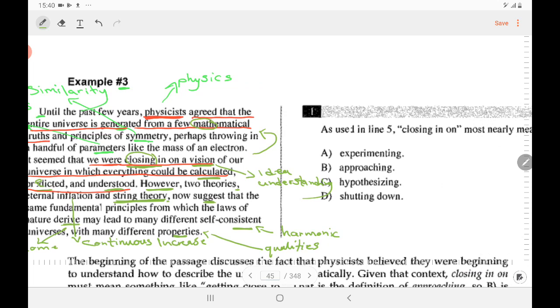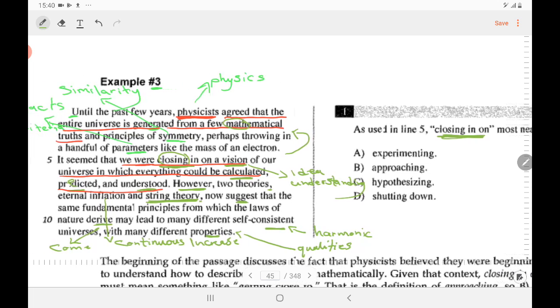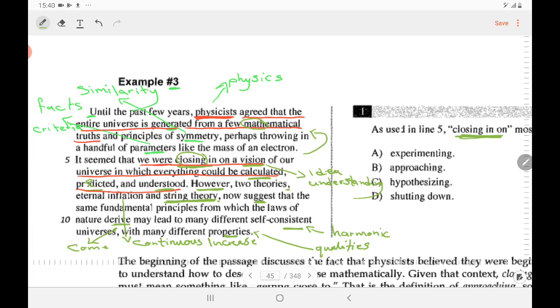Let's go and answer the question. As used in line 5, closing in on most nearly means. Closing in on, line 5. It seemed that we were closing in on, this is it. We were closing in on a vision of our universe in which everything could be calculated, predicted, and understood.